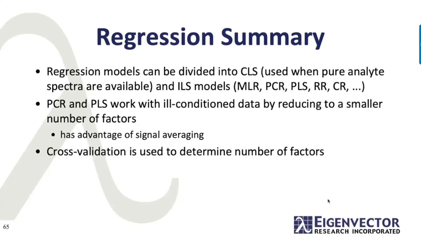We use cross-validation to determine the number of factors, and I should say that that's not all we use. We look at also variance captured, and also how good is the model prediction compared to, one, what we think the error in the reference values is, and two, how good does it have to be?